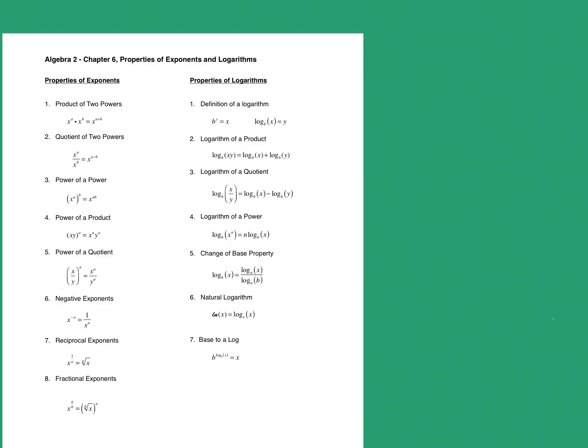And one of the ones we'll really get into is this change of base property, property number 5. That will allow you to figure out the logarithm of any base with your calculator. So we're going to really use this one a lot.